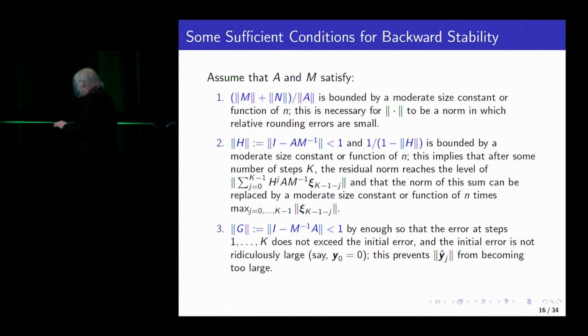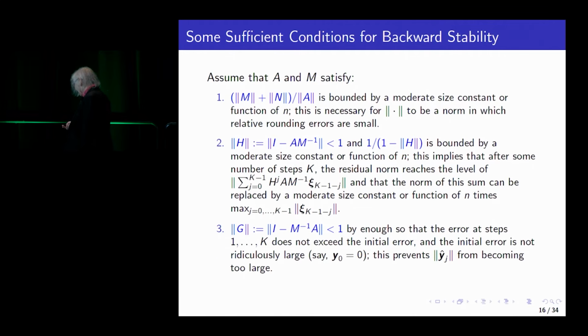Now, condition 2 will keep yk hat from growing too large, but to make sure it doesn't really grow much at all, let's assume also that the norm of I minus m inverse a is less than 1, by enough so that the error, at least at steps 1 through capital K, does not exceed the initial error.